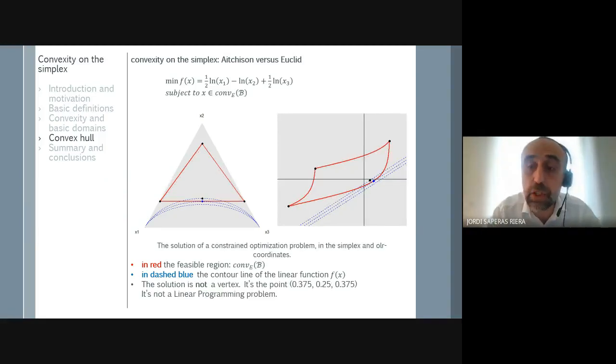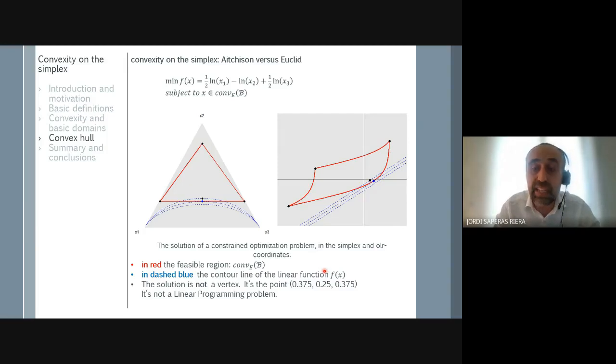But in contrast, a researcher that is working with Euclidean tools on the simplex, the Euclidean function from a Euclidean point of view is not a linear function, but the feasible region, the red triangle, it is. And if the researcher is working on coordinates, the objective function is a linear function, but the feasible region is not.